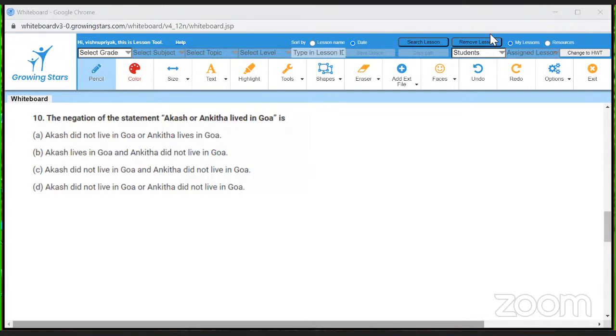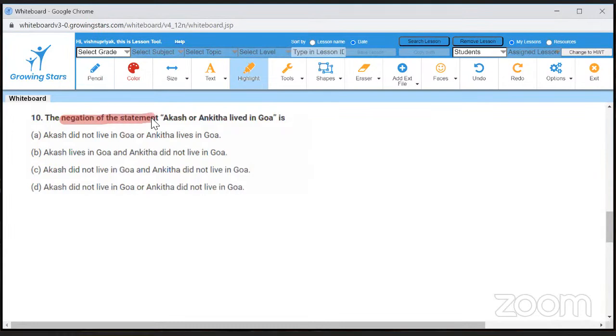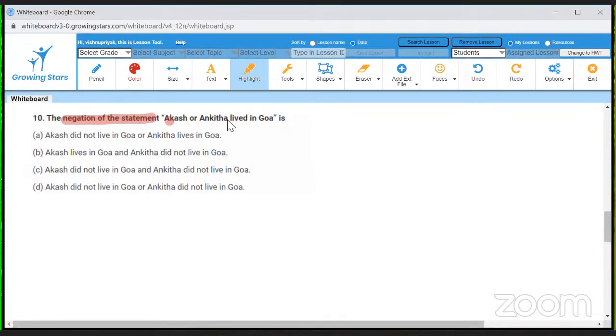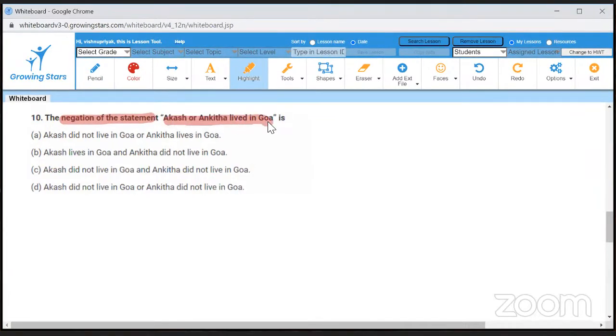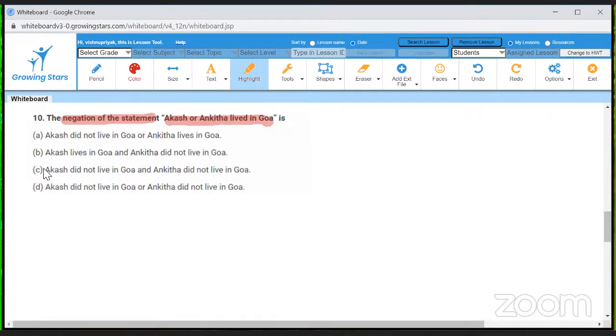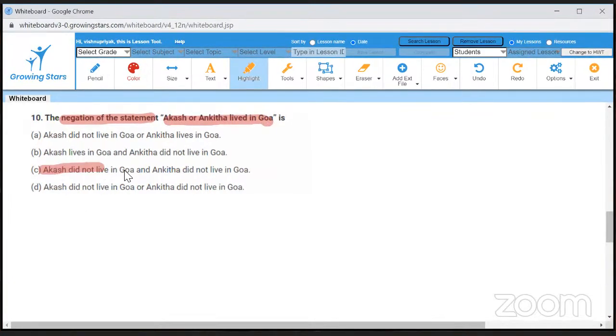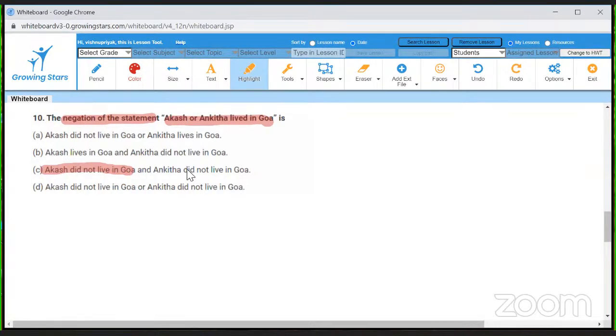C is the correct answer. The negation of the statement "Akash or Ankita lived in Goa" is C: Akash did not live in Goa and Ankita did not live in Goa. Correct option is C.